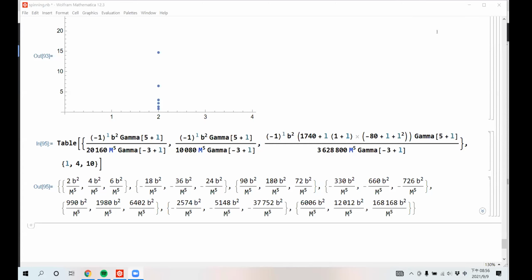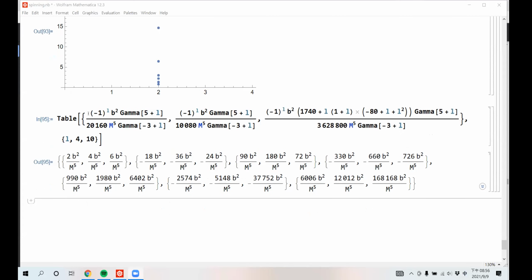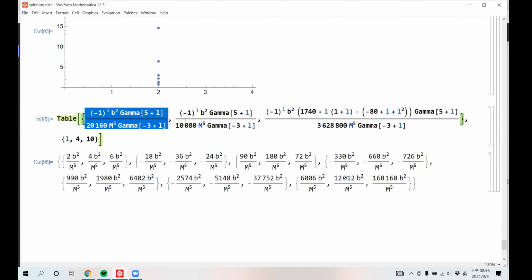Okay. So these are the vectors. This is 4,0, 4,1, and 4,2.